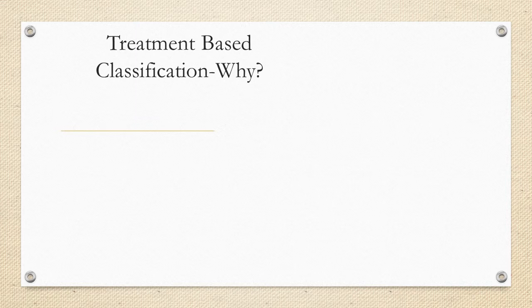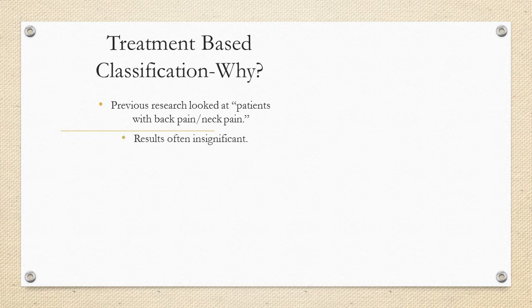So why do we want to look at treatment-based classification? Previous research has primarily looked at patients with back pain or neck pain and basically lumped them into a very large group. Because of that, the results that were found in these studies were often insignificant.